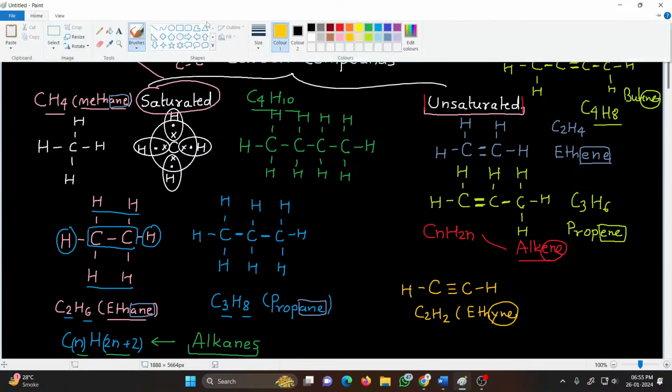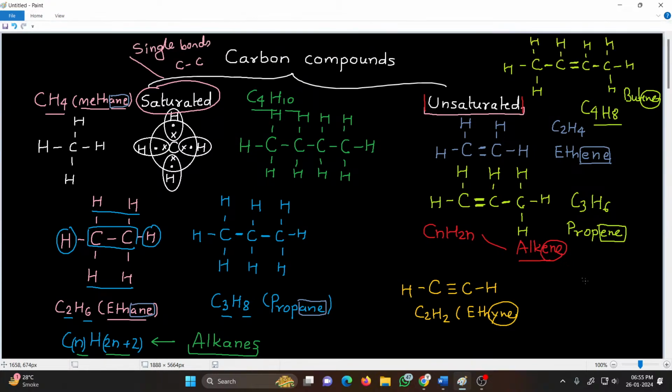Then there can be a triple bond in a chain of 3 carbons, like this. First 2 carbons have a triple bond, then there is a single bond. For the first carbon, only one valency is unfulfilled because it is receiving 3 electrons from the triple bond. For the second carbon, you can see this carbon is receiving 3 electrons from this carbon, 1 from this. So all the 4 valencies are already fulfilled. For the last one, it requires 3 more electrons.